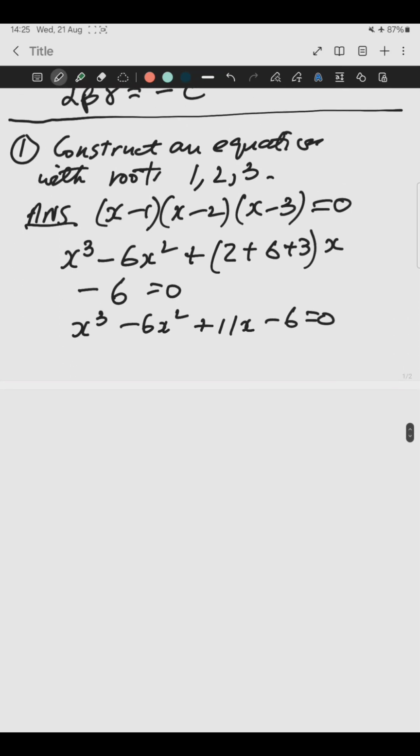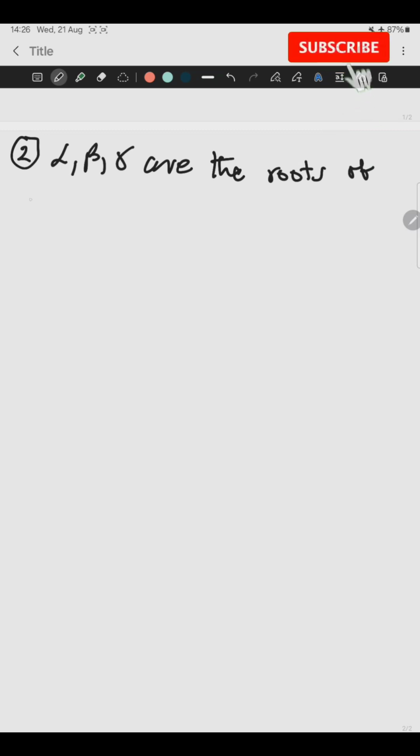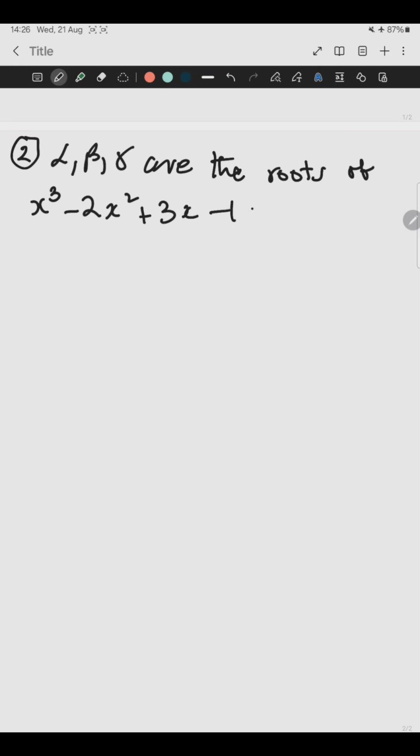Right, let's move on to another example. So let's say alpha, beta, gamma are the roots of x cubed minus 2x squared plus 3x minus 1 is 0.